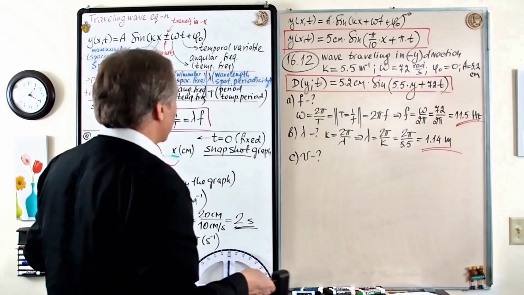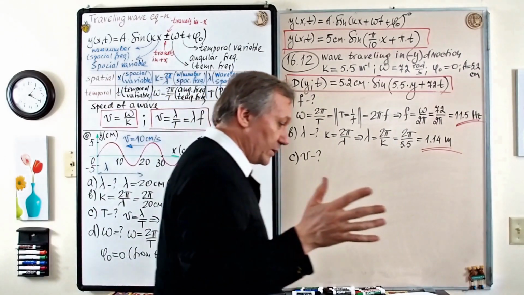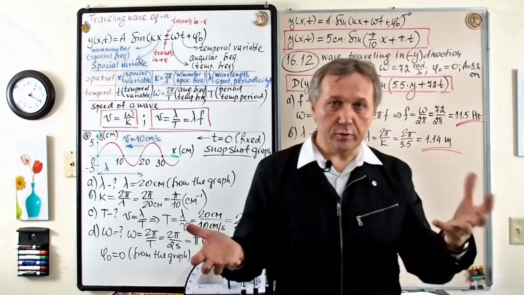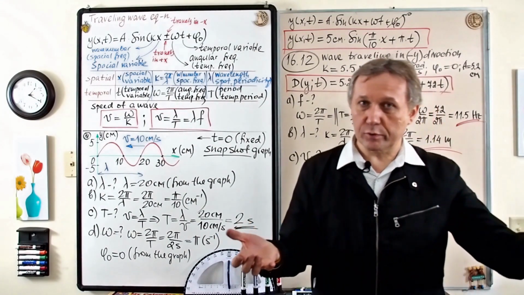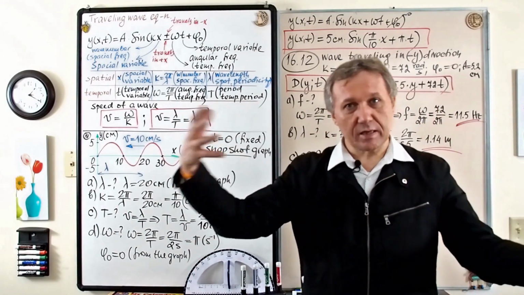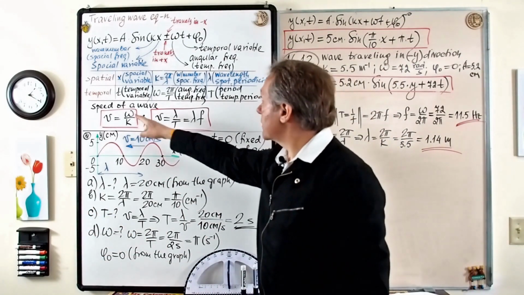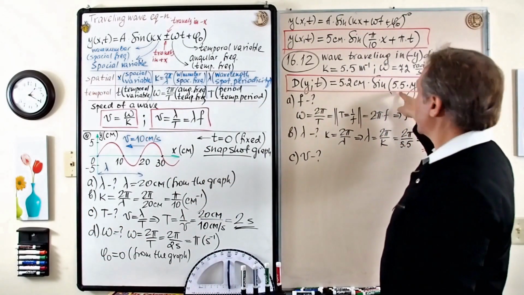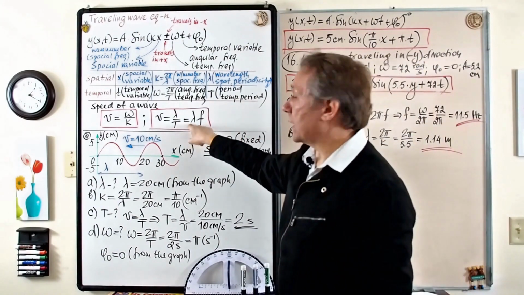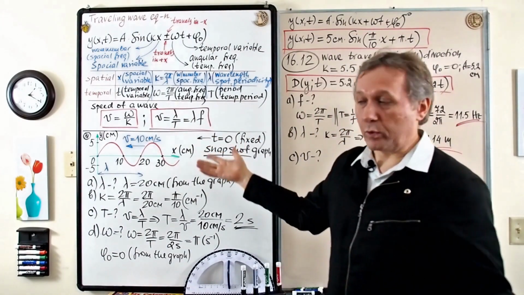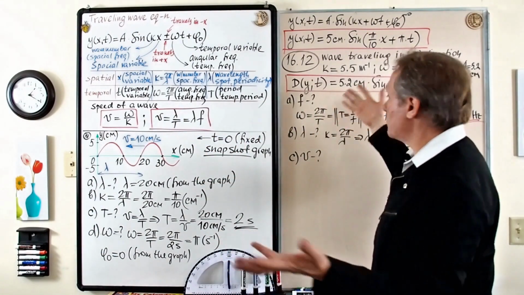So we have two ways. In order to find speed, you need to mix quantities. You need to take something from the world of spatial quantities and something from the world of temporal quantities. You can either mix omega and K or lambda and f. It depends what you have. In our case, we have complete freedom.